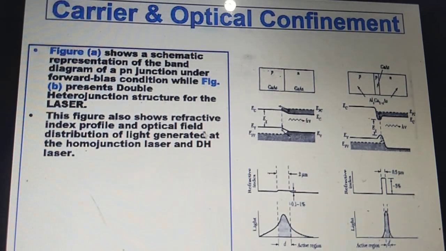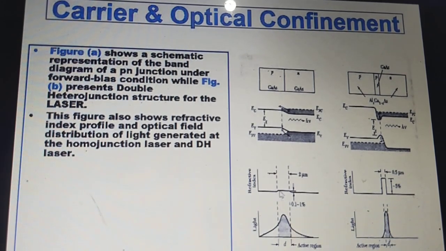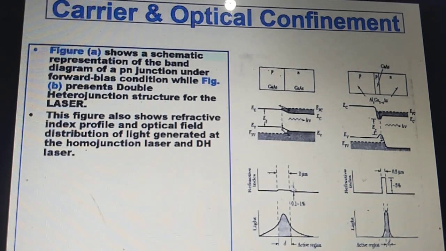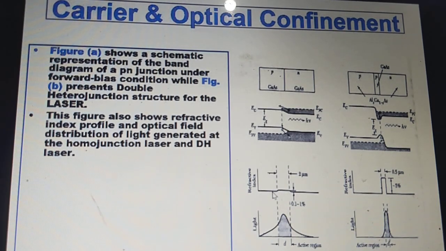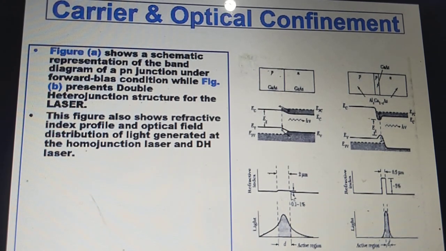This figure also shows the refractive index. In case of the PN homojunction, you see that in the transition region there is a slightly higher value of refractive index than the refractive index value of the P-type neutral region and N-type neutral region. So in the depletion region, the refractive index value is slightly higher in case of PN homojunction lasers.